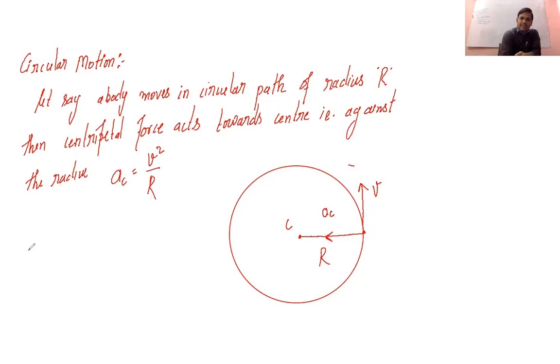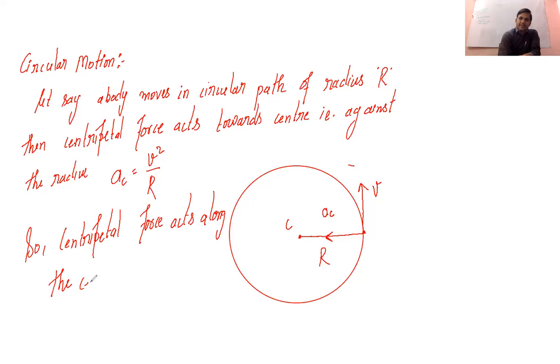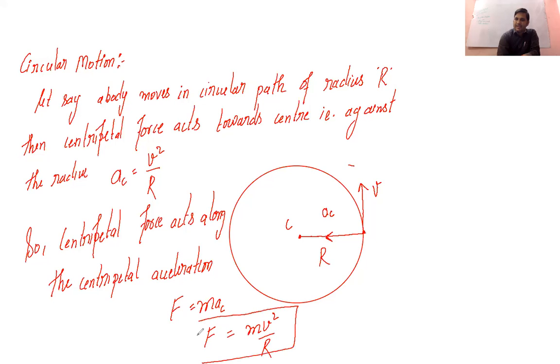The centripetal force acts along the centripetal acceleration, and this force is equal to m AC, which is equal to m v square by r, where r is the radius.